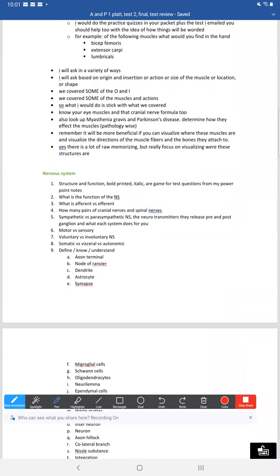Sympathetic versus parasympathetic. Okay, sympathetic is fight or flight. Parasympathetic is rest and digest. In the neurotransmitters, right? The sympathetics release acetylcholine from the pre-ganglionic neuron, and the post releases epinephrine, norepinephrine from the post-ganglionic neuron.